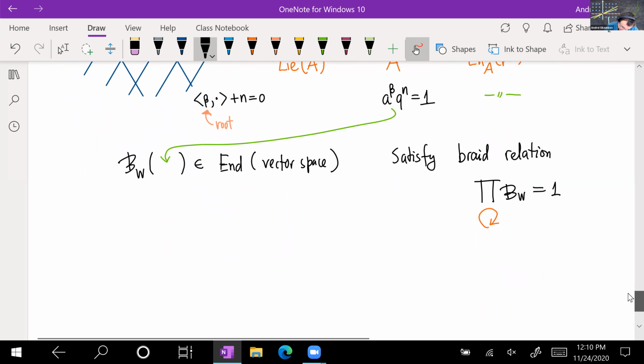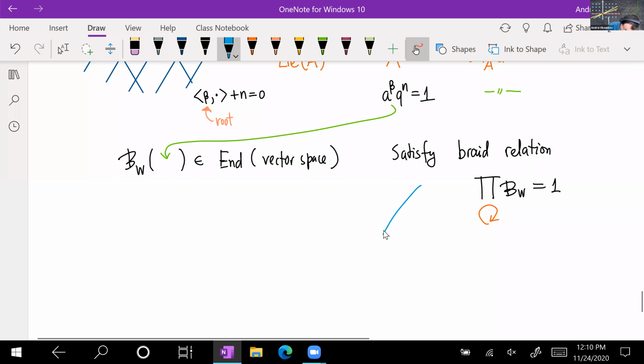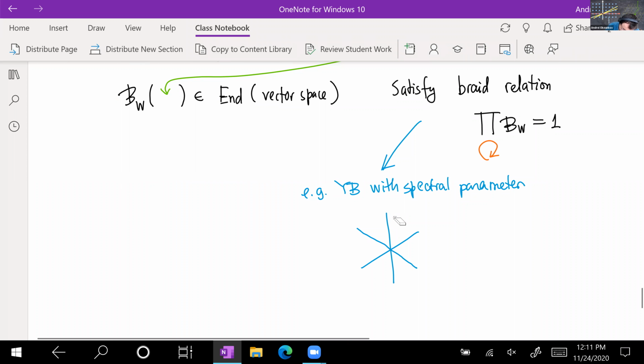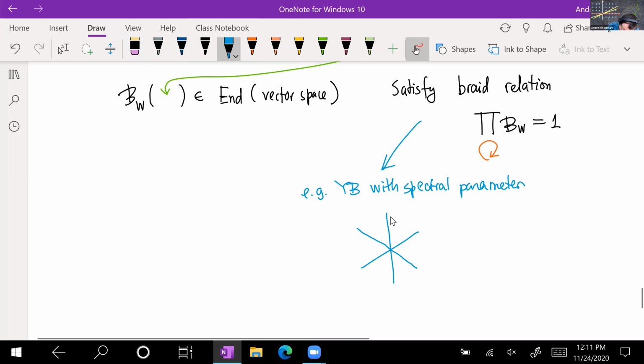An example of this relation is, e.g., Yang-Baxter with spectral parameter. So what's Yang-Baxter with spectral parameter? You have three lines like this, and the corresponding equations are u1 over u2 equals 1, in a torus, and logarithmic just means this vanishes there.